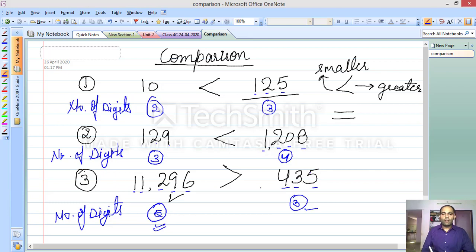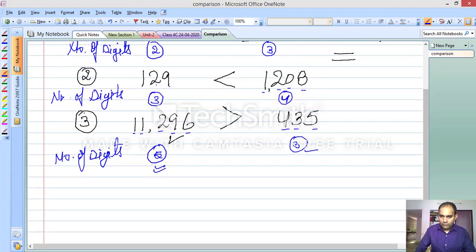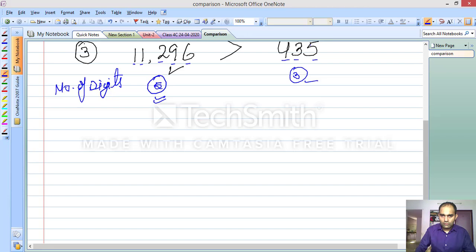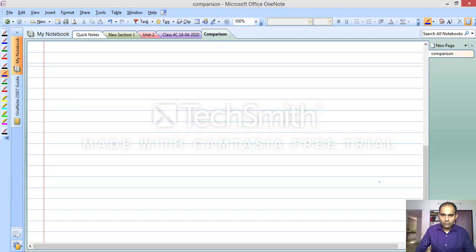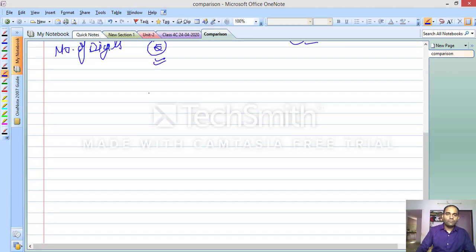Okay, so now we will look at bigger numbers and try to find out which one is greater and which one is smaller. Let me scroll down the page. Okay, now look here.